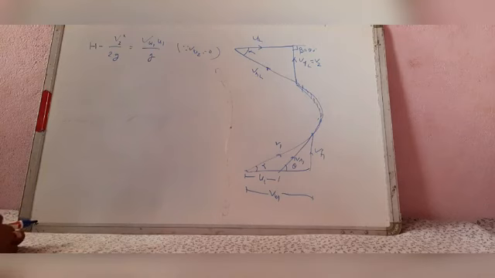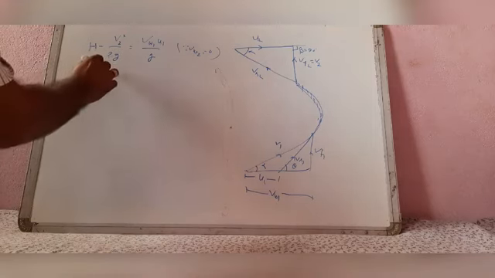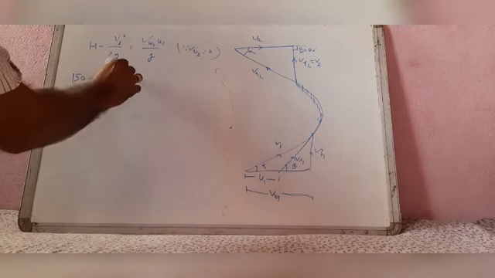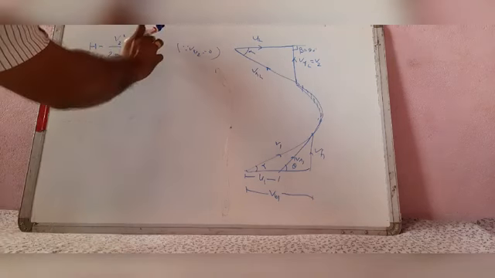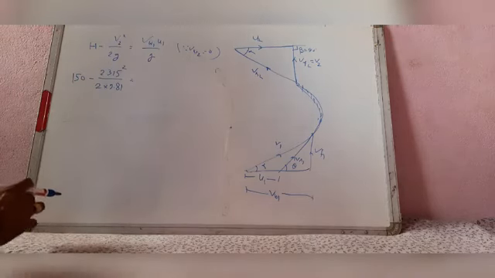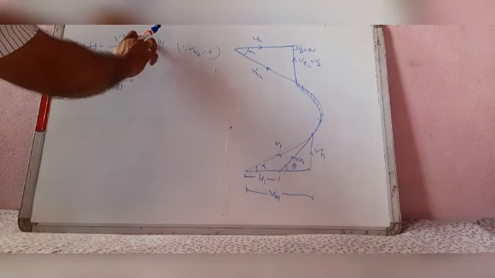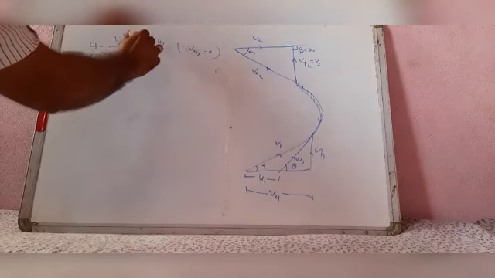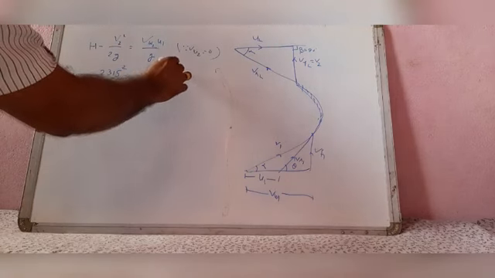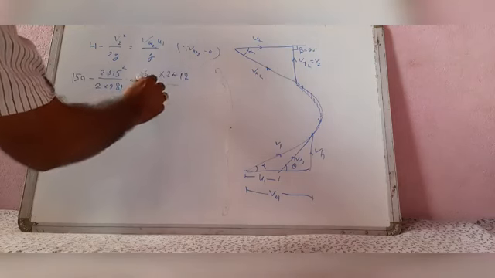Now putting the values, 150 minus 2.315 square by 2 into 9.81 equal to VW1 into 26.18, that is U1, by 9.81.